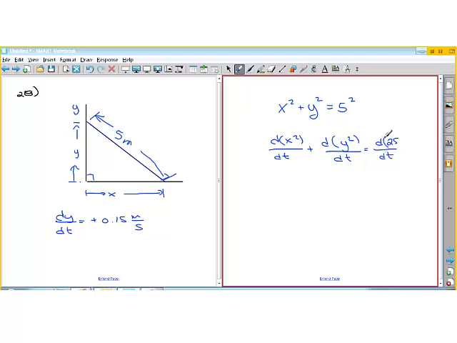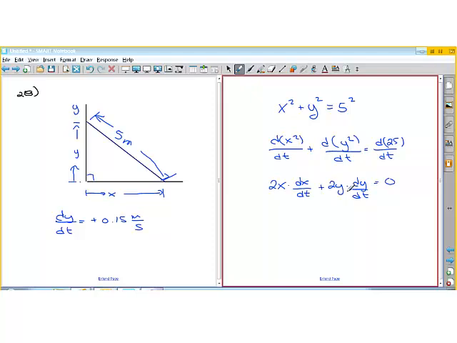The derivative of a constant is 0, so that goes to 0. Because we're taking the derivative with respect to time, we get 2x, which is what we normally think, but we also get dx/dt. Likewise, y is not t, so we take the normal derivative of y squared, but we add dy/dt on the end of it.